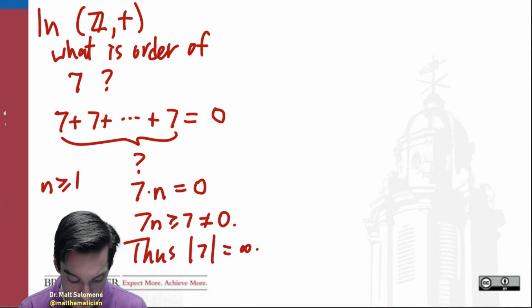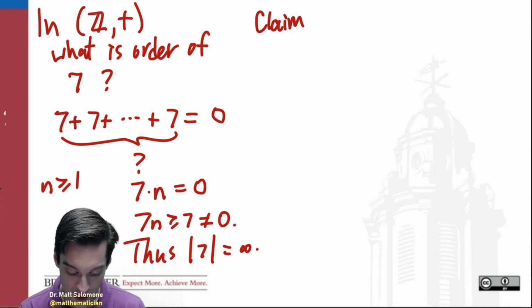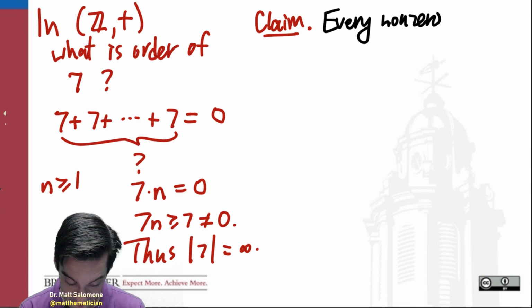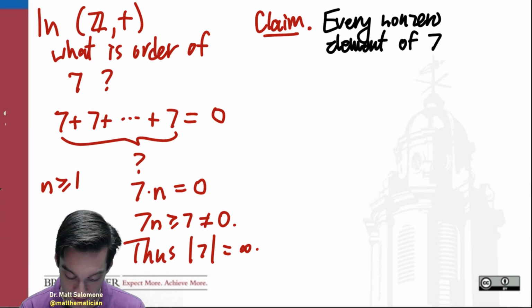And indeed, one of the things that we find out, this is not too surprising as long as you're thinking about the operation in these groups in the right way, is that every non-zero element of Q and Z has infinite order.